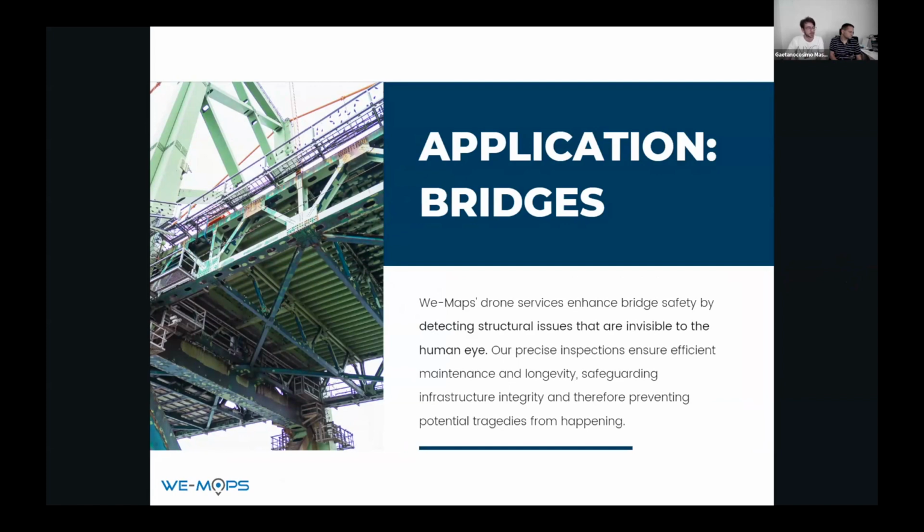And it is very important in order to prevent possible tragedies from happening. We all know these kinds of things unfortunately happen very often, and we want to make sure that we minimize the risk, and our drone services serve that purpose too.